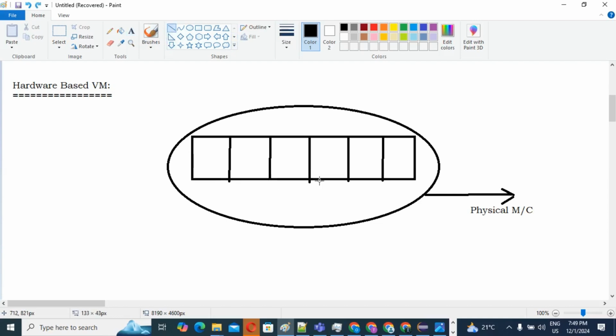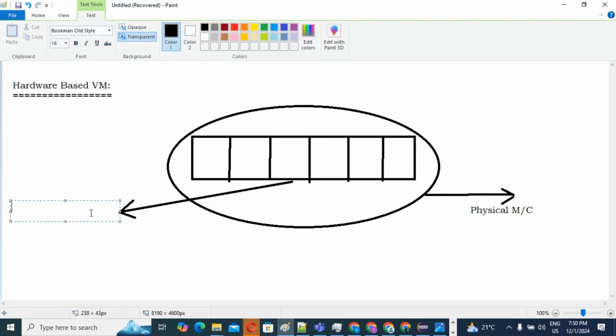I can mention it there so you can remember it all. This is our several logical systems.